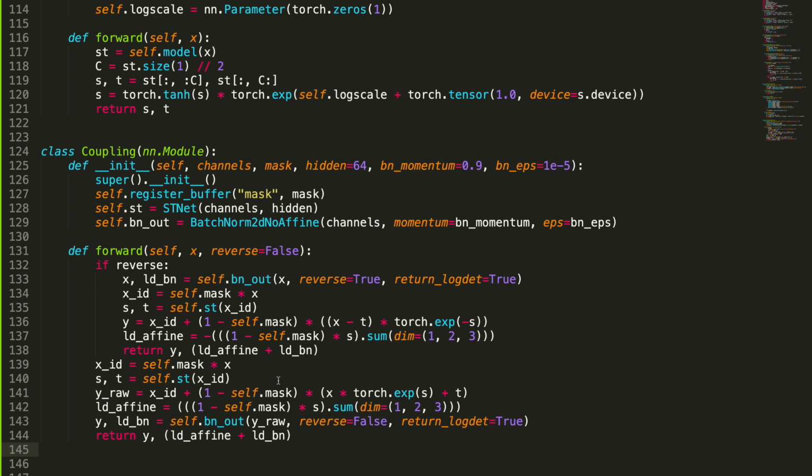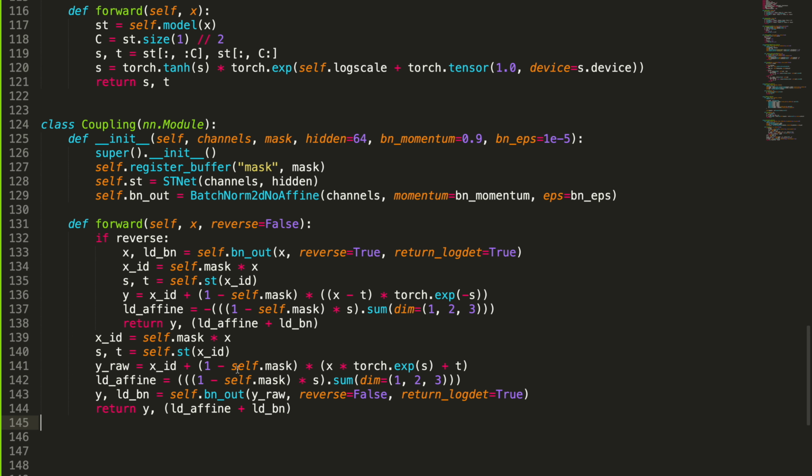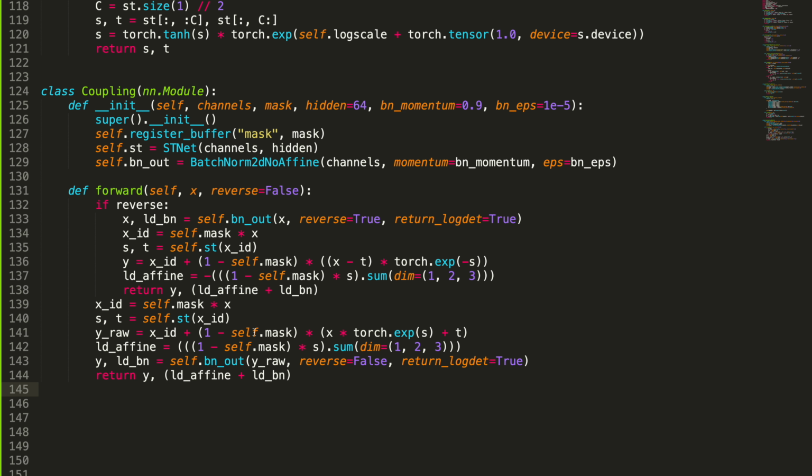Okay, because otherwise, if we naively apply a batch normalization in between coupling layers without taking into account the log determinants, the log determinant will be used in the loss, and therefore our loss won't be good. Okay, because the batch normalization affects the transform, and therefore its Jacobian is impacted. So we need to take that into account when we do this computation.